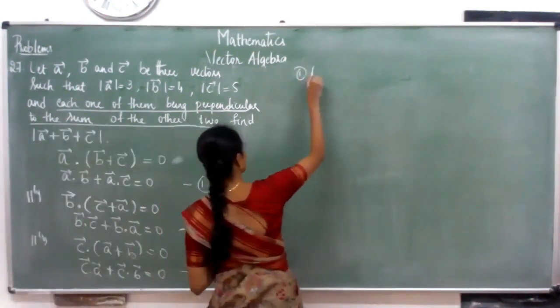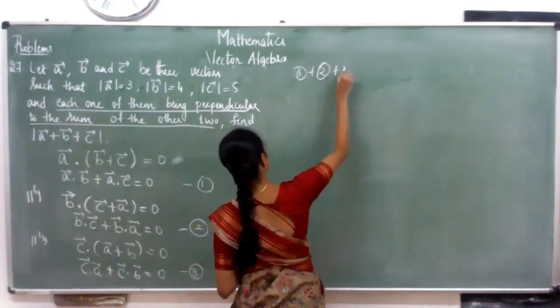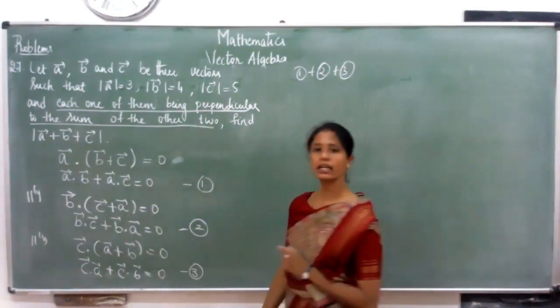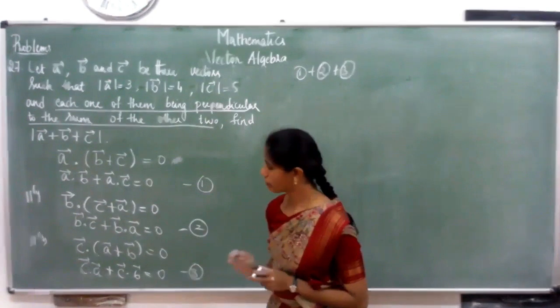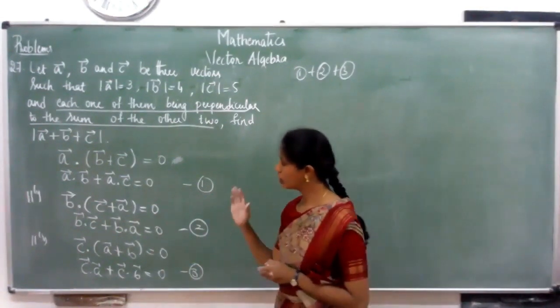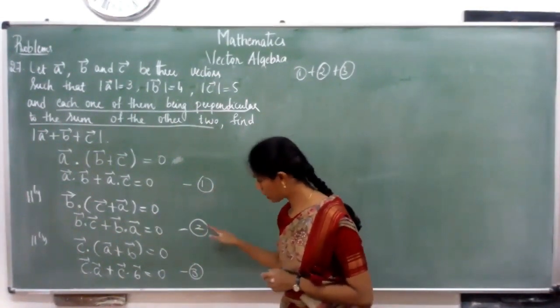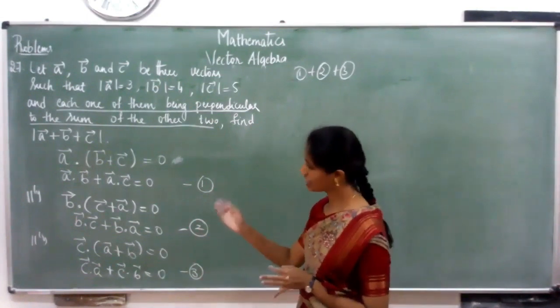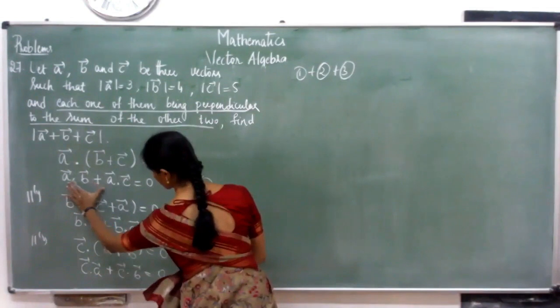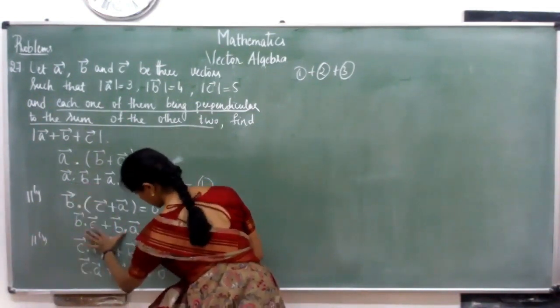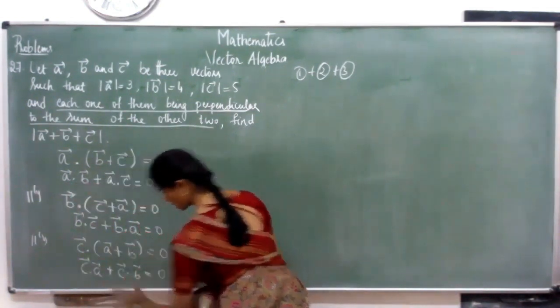Now, I add equation 1, equation 2 and equation 3. Now I am just adding the left hand side of all the equations. The left hand side of equation 1 is this, for 2 it is this, and for 3 it is this.